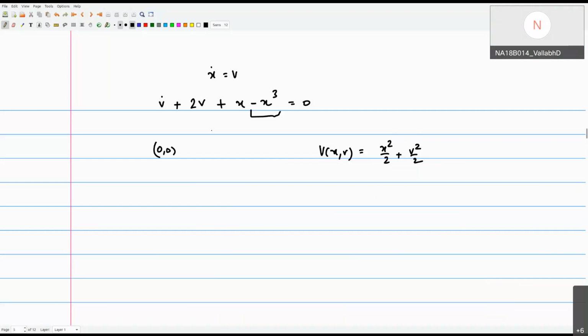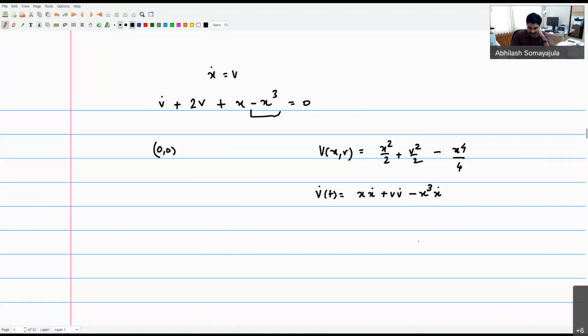Can we do anything to include, let's say, the potential energy due to that term as well? So suppose I did something like this, minus x to the power 4 by 4, then what happens? Does it solve our problem? If I now take a derivative of V, what do I get? It will be x times x dot, v times v dot, minus x cube times x dot.